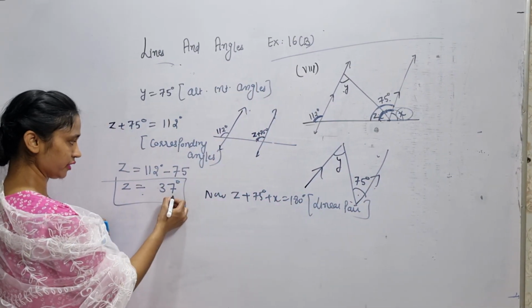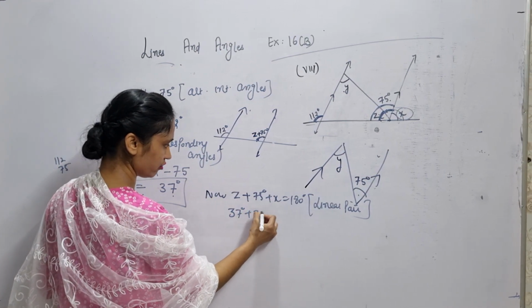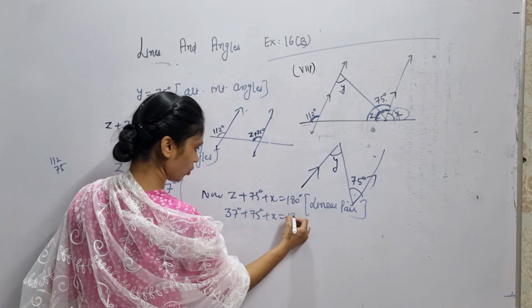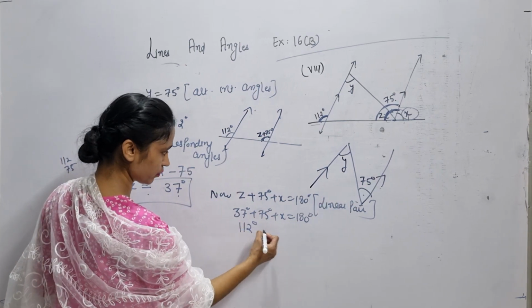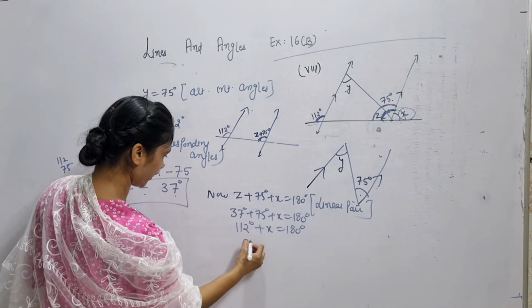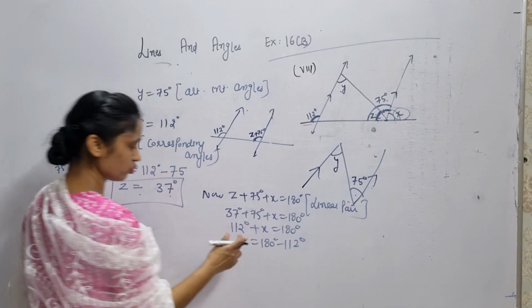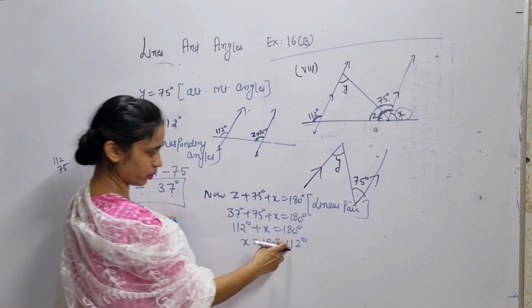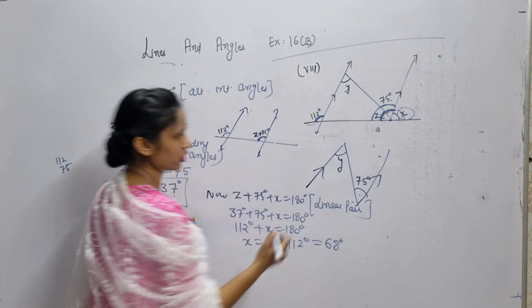Z we have calculated as 37. 37 plus 75 plus x is equal to 180 degrees. That means 112 degrees plus x is equal to 180 degrees. X is equal to 180 degrees minus 112, which is 68 degrees.